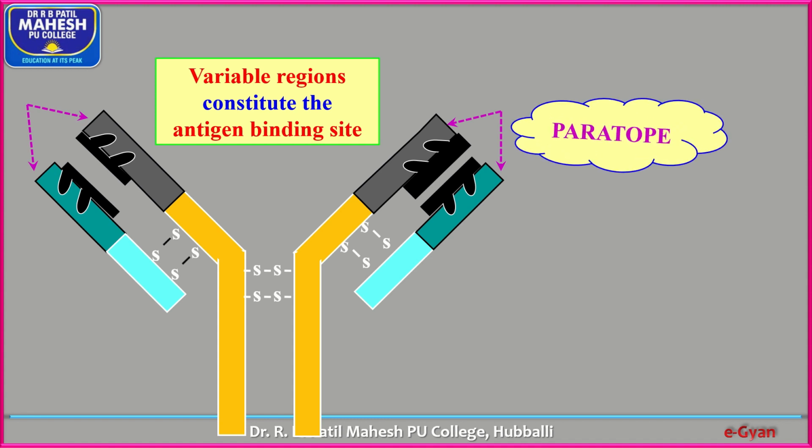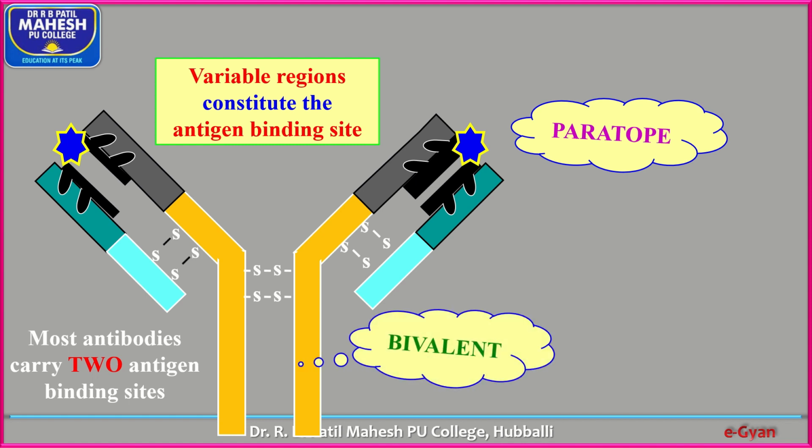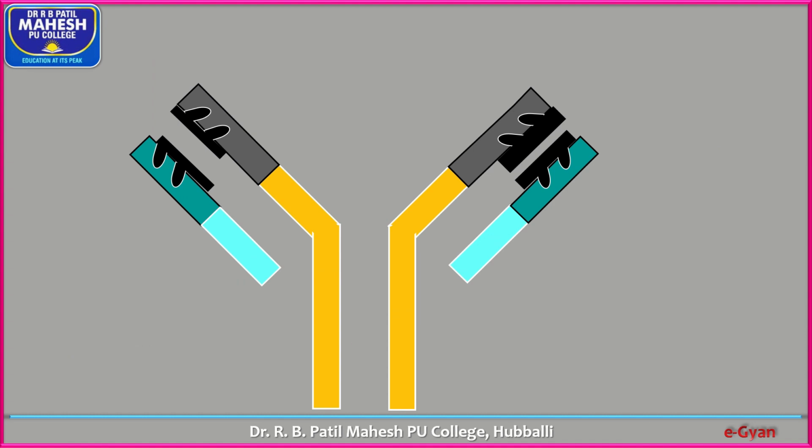And the antigen possesses an antibody binding site, and that is called epitope. Both paratope and epitope are complementary to each other. Most of the antibodies carry two antigen binding sites. That's why it is called bivalent.